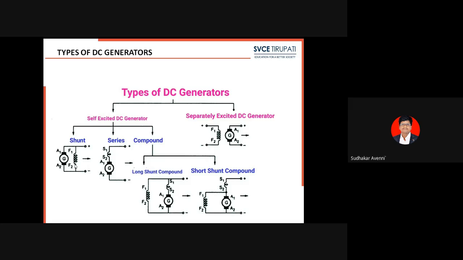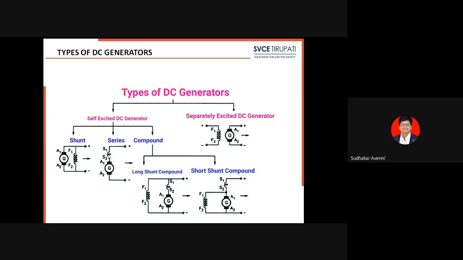Then there will be an increment of shunt field flux. This field flux is added with the residual flux, the net flux increases, and the generated voltage also increases. This process is cumulative until the shunt generator builds up rated voltage across its armature terminals.